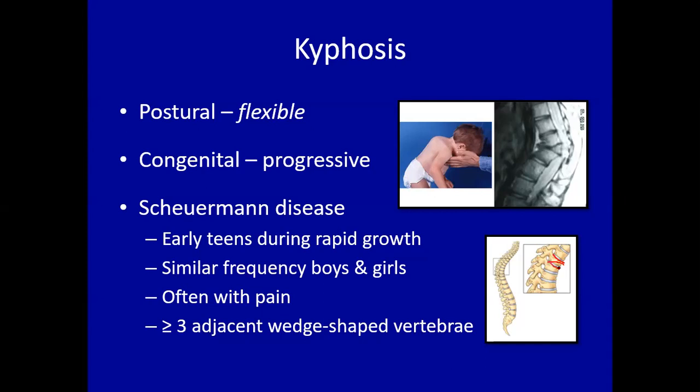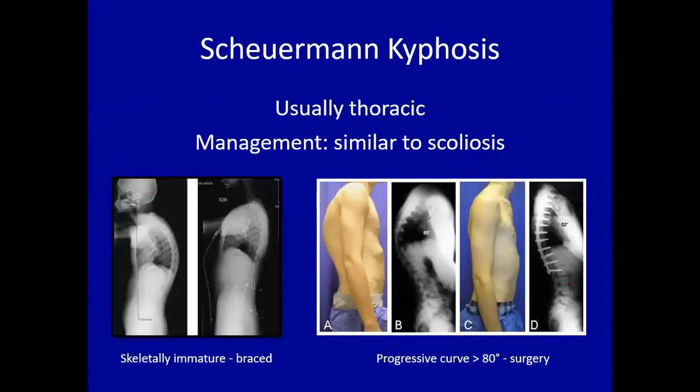See how they're angled? I'm making it extreme, but they're angled, and so that's what's causing this to kind of bow like that. So usually this is in the thoracic region, but it's similar to scoliosis. However, it's in the sagittal plane, whereas you have this frontal plane scoliosis.